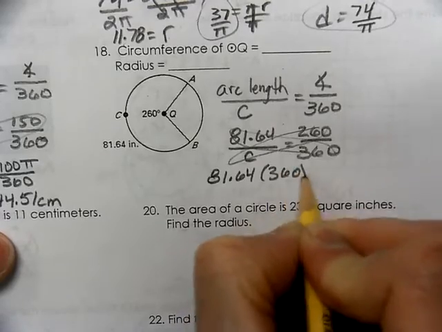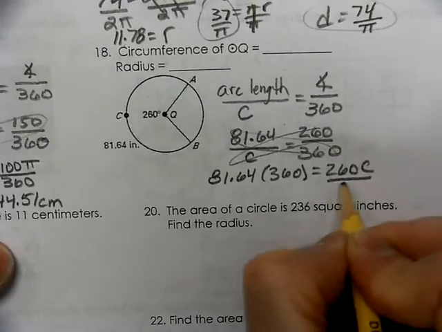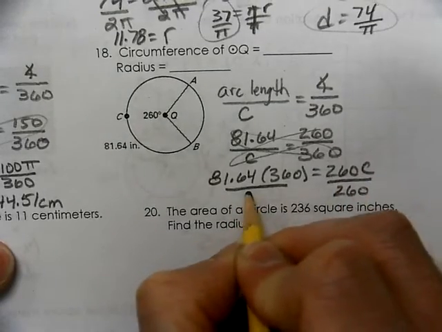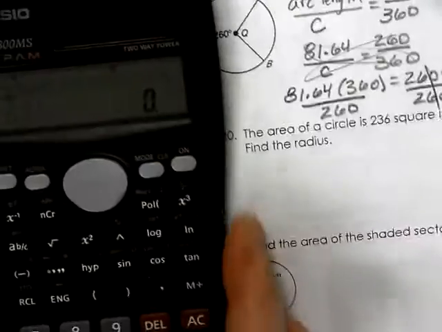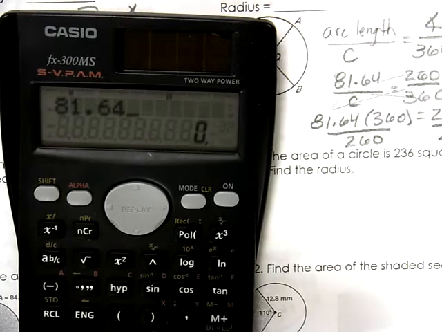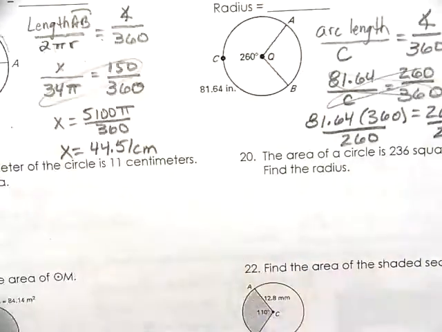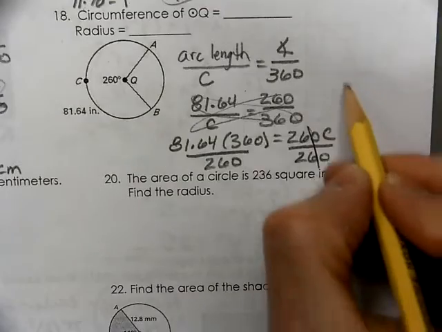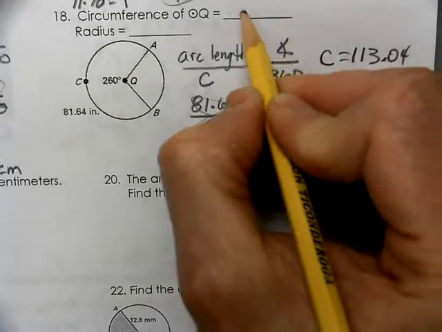81.64 times 360 equals 260 times C. Divided by the 260, 81.64 times 360 divided by 260 leaves us with 113.04. So the circumference equals 113.04.